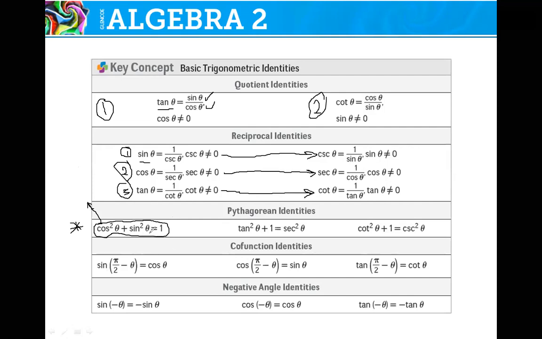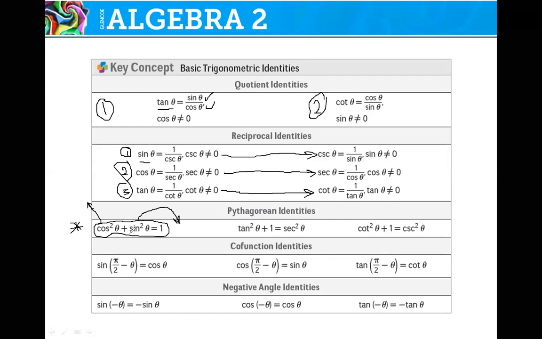From this rule, we can deduce 4 rules. The first rule: you can move sine to the other side with the opposite sign. So cosine square theta equals 1 minus sine square theta.